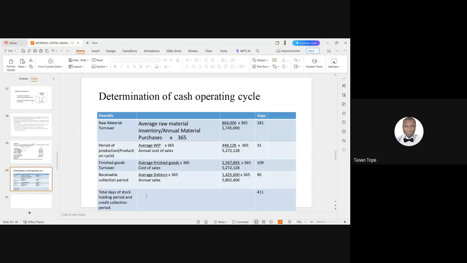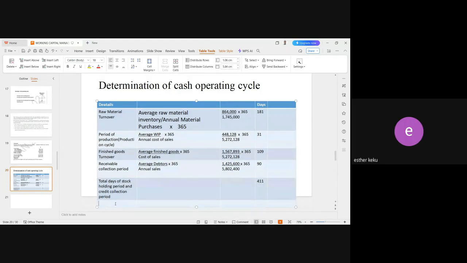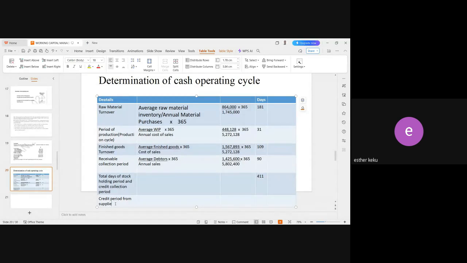So for us to solve this, what are we going to do? Average trade payable is 604,000. Trade payables.